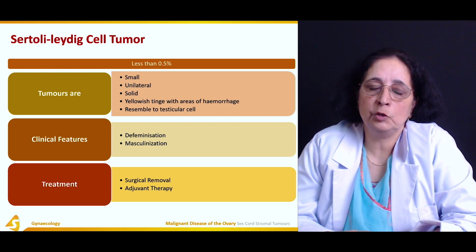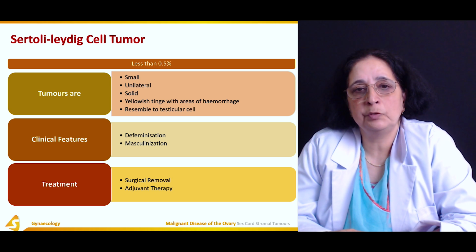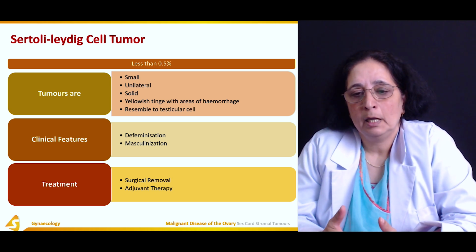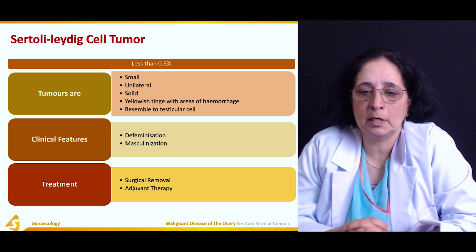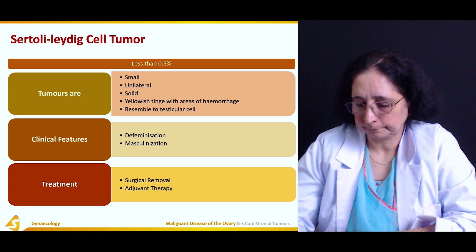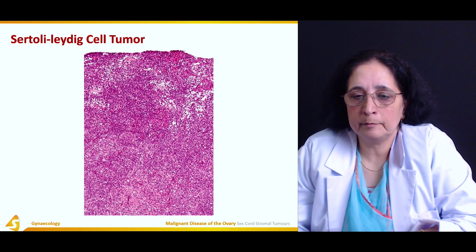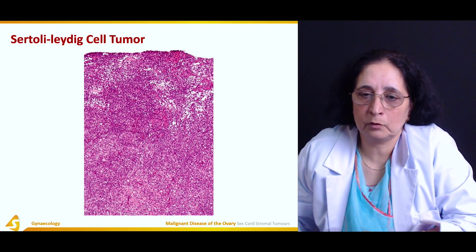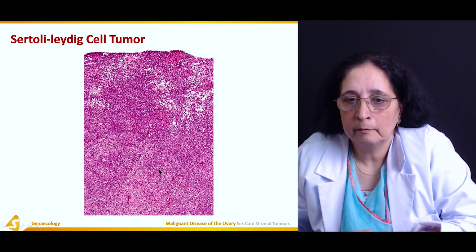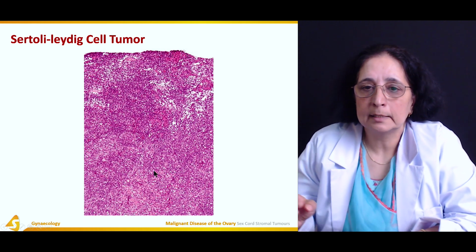And like any tumor, usually the treatment is surgical treatment and adjuvant therapy with chemotherapy and radiation therapy is also involved. This is the diagram showing Sertoli cell tumor under the microscope, a histological picture with lots of cells and nuclei. You can see a lot of growth of the cells.